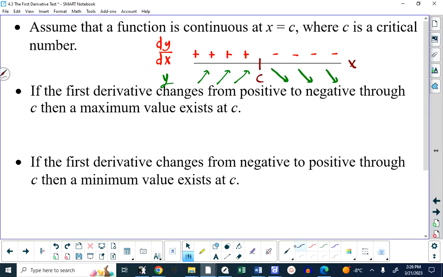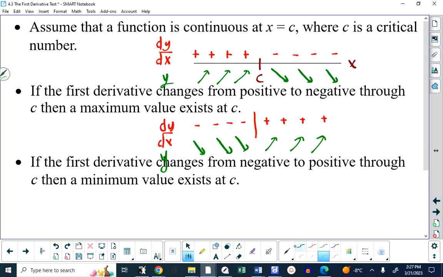If you had the same situation where you had dy dx that's negative, and then all of a sudden at some point it changes positive, then what that means is the function is decreasing because it has a negative slope and then increasing, which means there's a minimum. It's just a way to visualize it. But I think you already knew that.